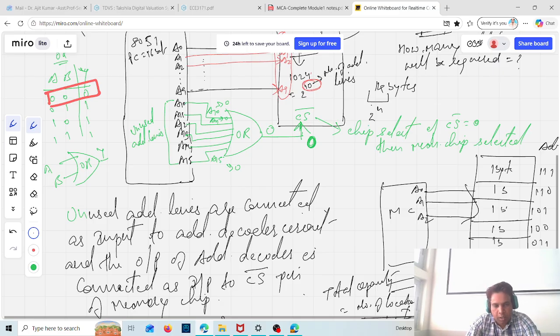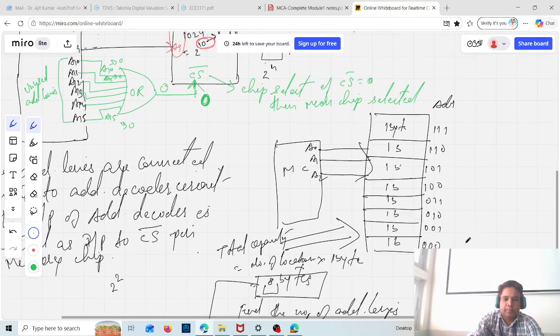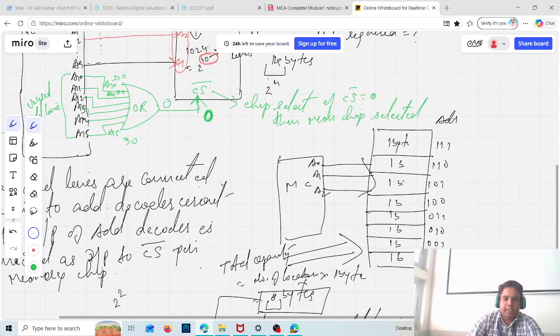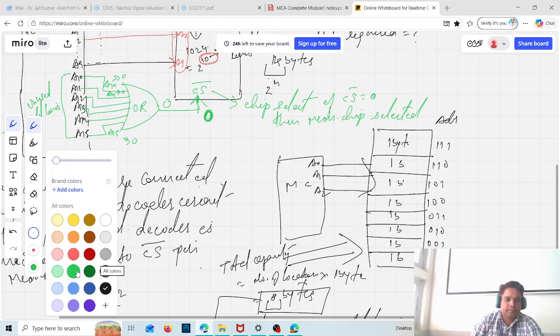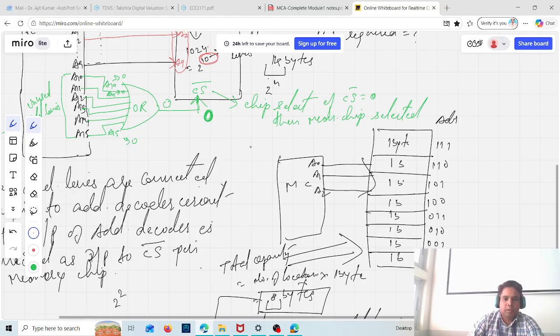Now, one more thing. Suppose let us take again this example, where we have connected this one. Come back to this case.